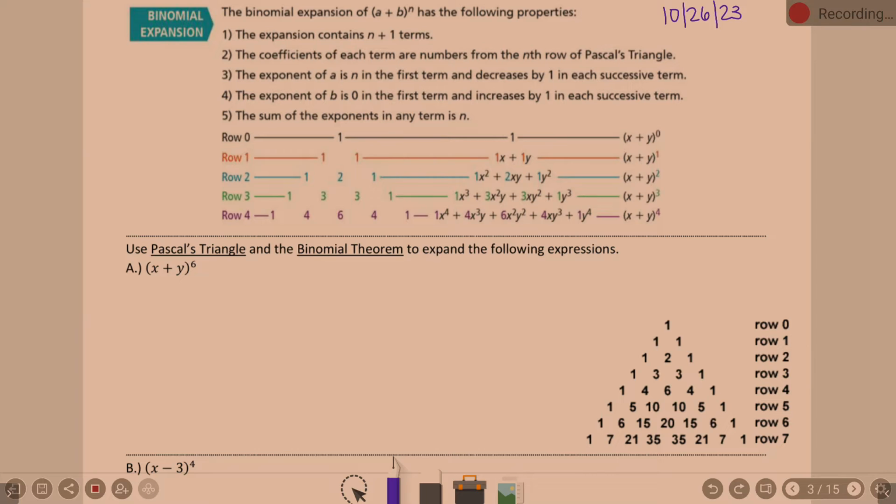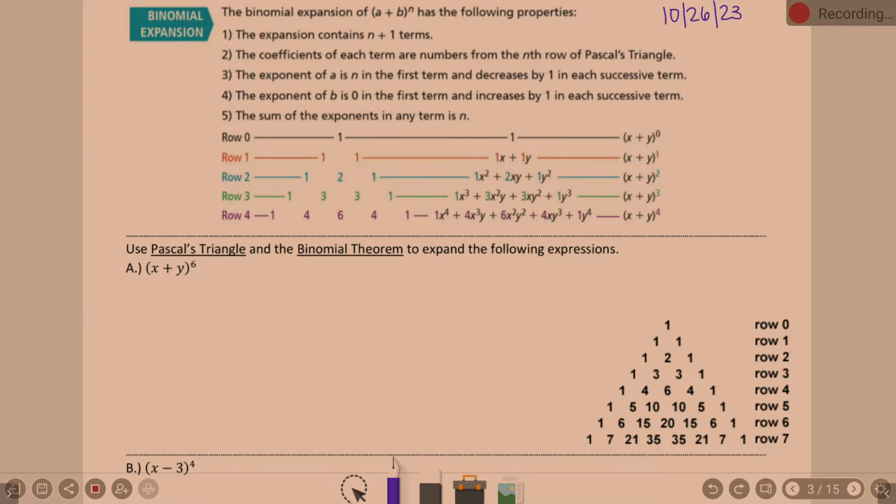Okay. With that in mind, I've given you the first 7 rows, which should be what you need there. Now, the idea here is binomial expansion. The expansion contains n plus 1 terms, because if we're raising something to the 6th, there's actually going to be 7 terms when we multiply this out.